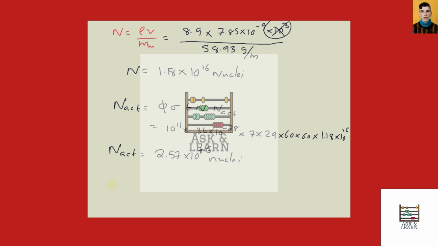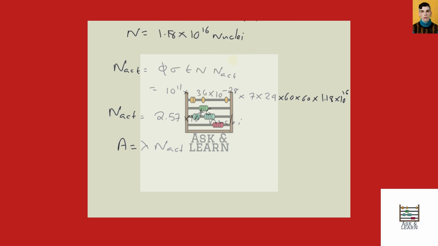Now let's calculate the activity in becquerels. So activity A will be equal to lambda N act. So lambda, which is the decay constant for cobalt, you can use the half-life equation to find that out. So T half is equal to log 2 by lambda.